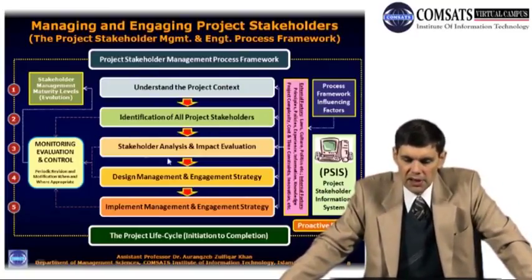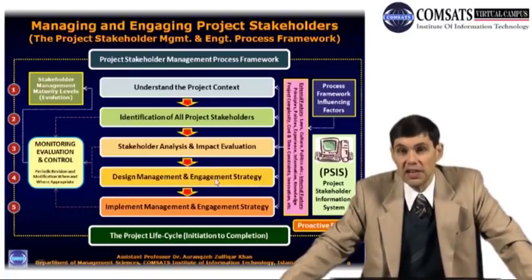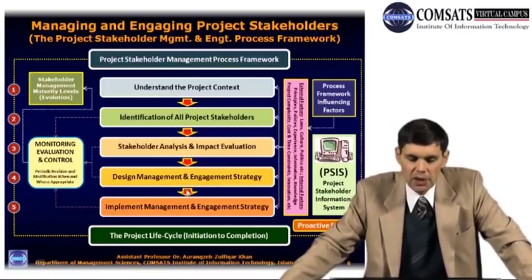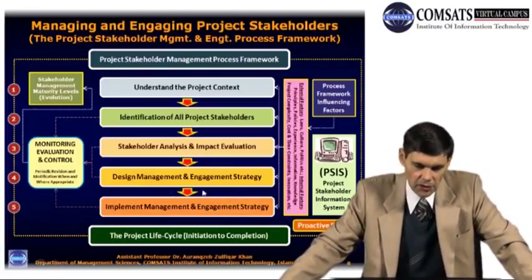Then you have the third process area, which is analysis of the stakeholders and evaluation of their impact on the project. Then you have the fourth process area, which is designing a stakeholder management and engagement strategy. Then you have the fifth process area, which is implementing a stakeholder management and engagement strategy.